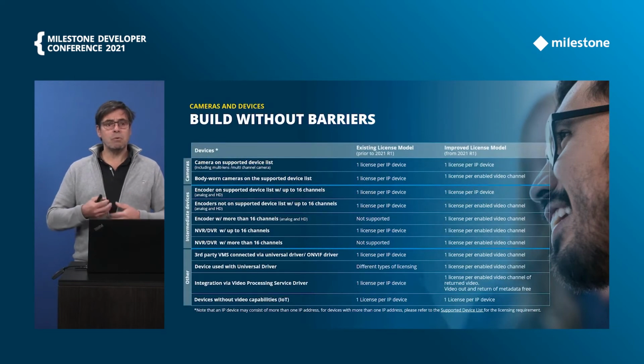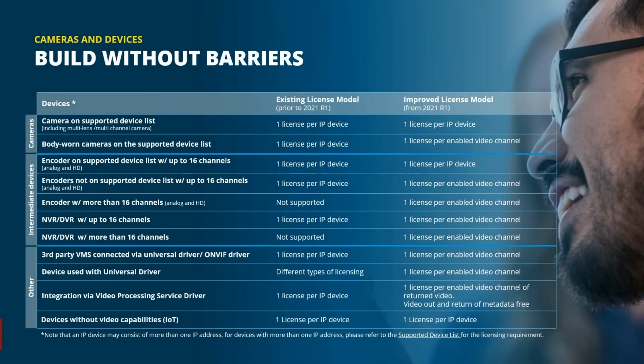As a part of this, we also changed the way we license devices. Previously, we have had a device license. Now we are applying what we call a channel license, which means that for every video stream that comes into the VMS, there is a license. For most devices, there is no change.